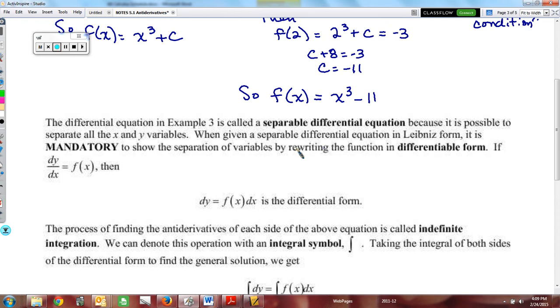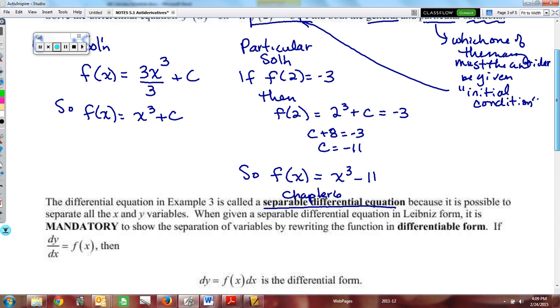All right. Now, the differential equation in example 3, and this is kind of previewing, this actually doesn't come in until chapter 6. But it's called a separable differential equation, and the reason it's called separable is because you can separate the x and the y variables.